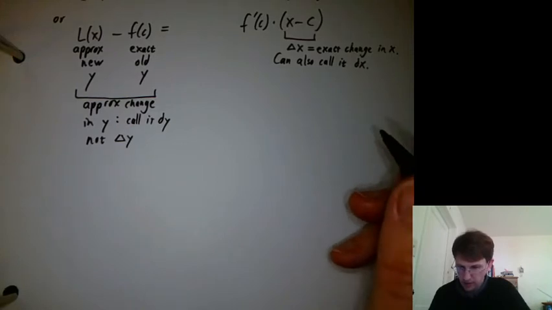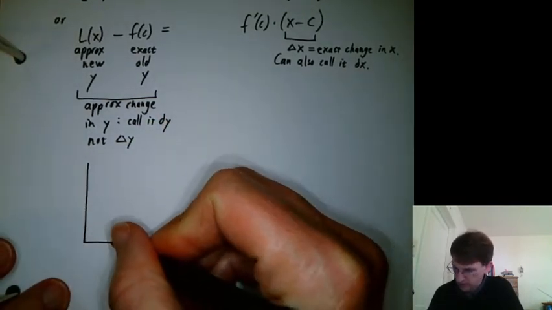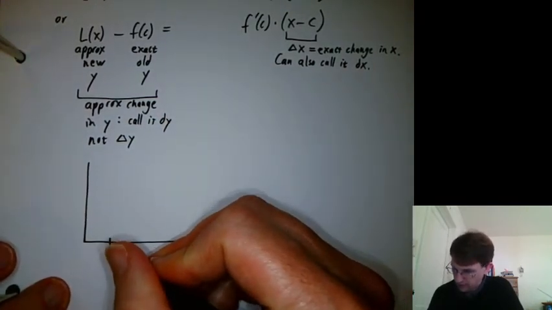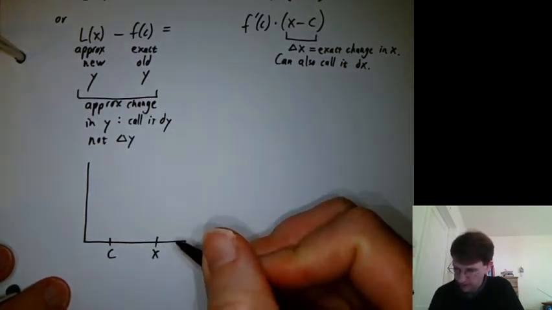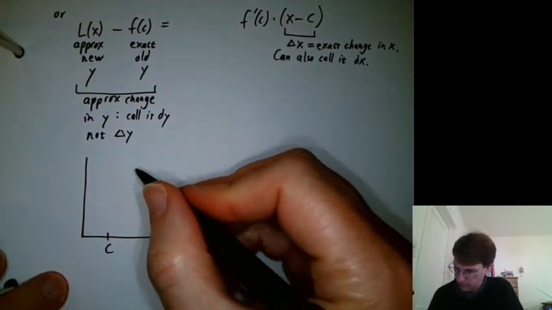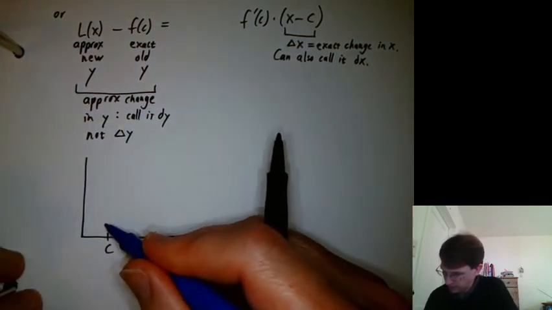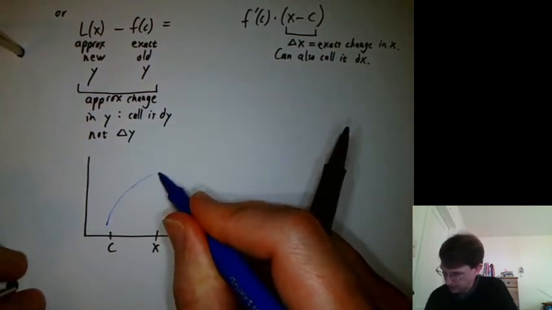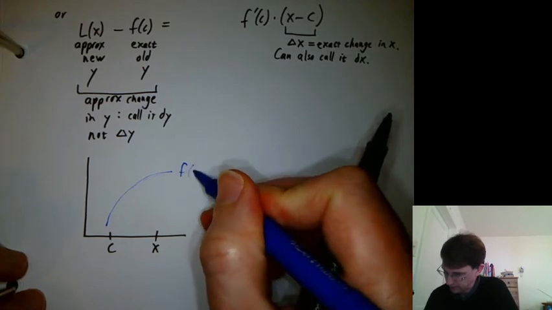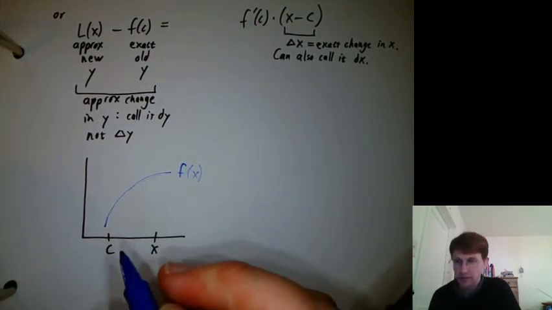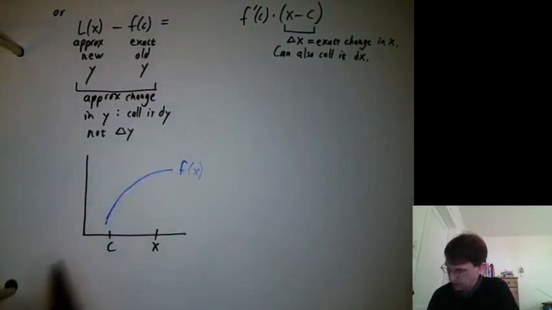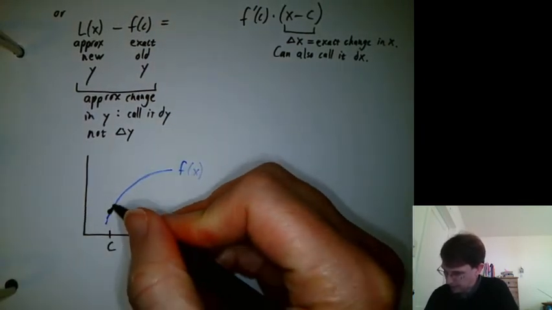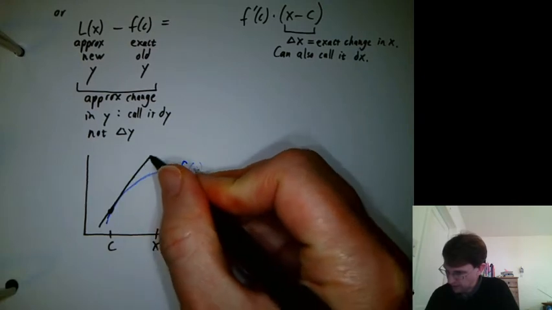So let's make a drawing of what's going on. We'll have our x and y axes. Let's have c here, and x here, and we'll draw a nice curved function. So that's our original f of x. I'm drawing it in blue. And then here at c, I'm going to draw a tangent line.